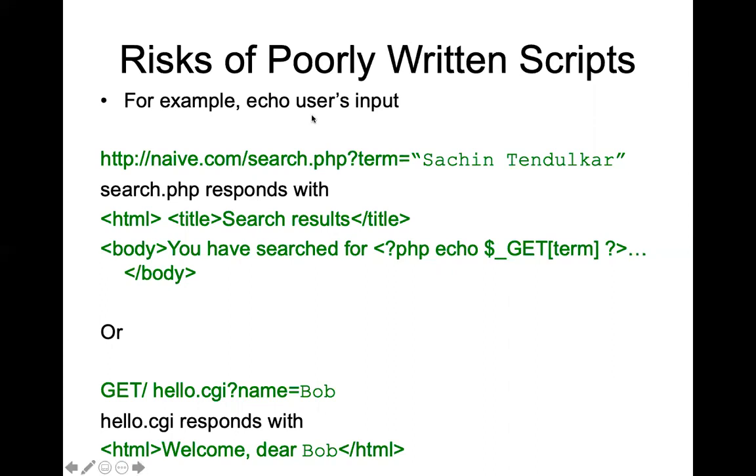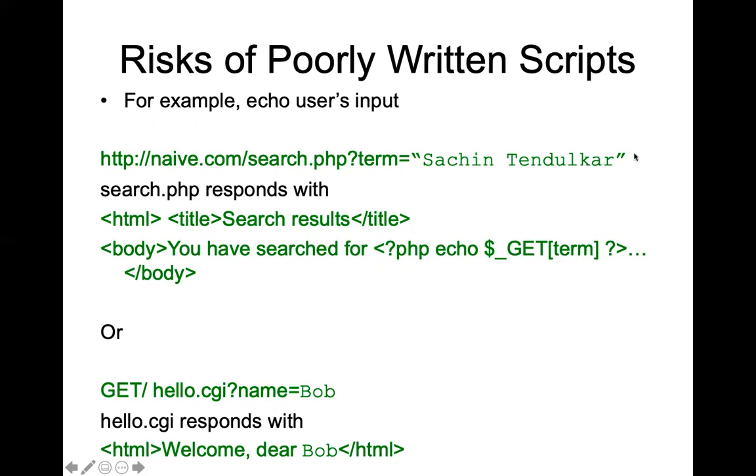This web server is running an application called search.php. It's a search engine, and the web server is hosted at naive.com. So naive.com is our web server, and search.php is the search application. The way that it works is that it asks for an input from the user, which the user provides through their web browser. In this particular case, the input is provided, let's say, in this form.